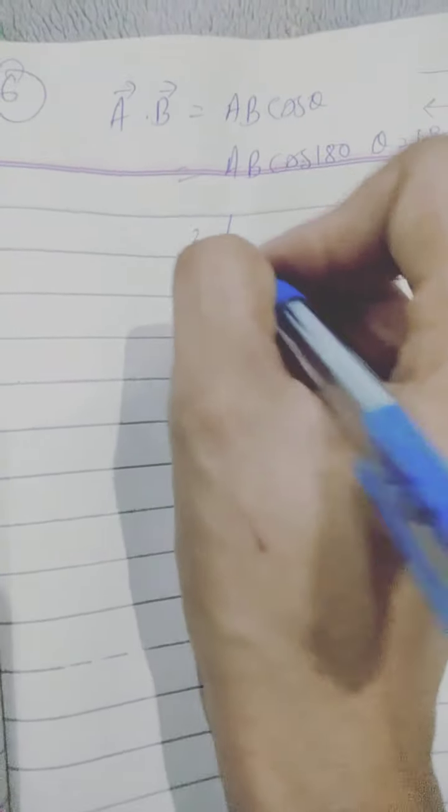So AB into minus 1 is minus AB. So the scalar product of two anti-parallel vectors is equal to the negative of AB.